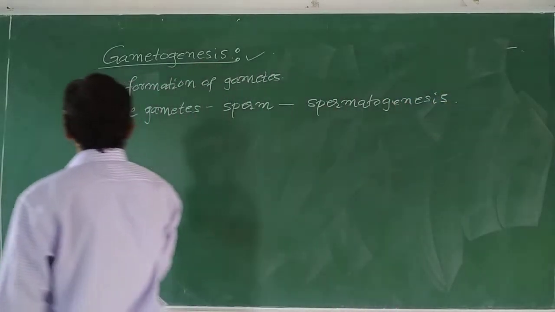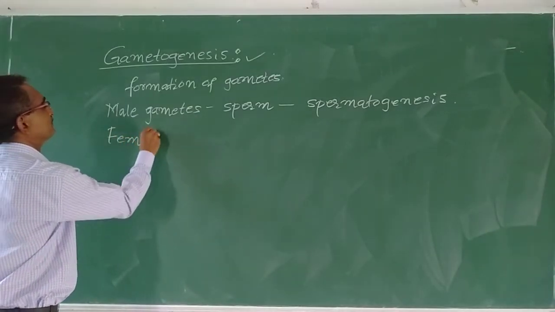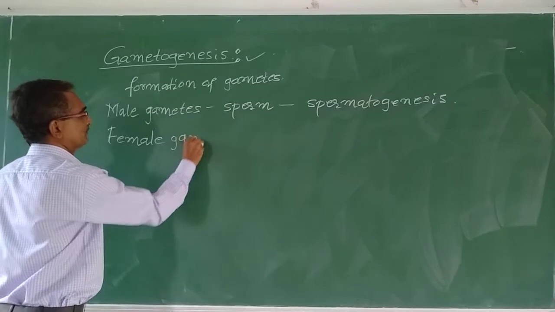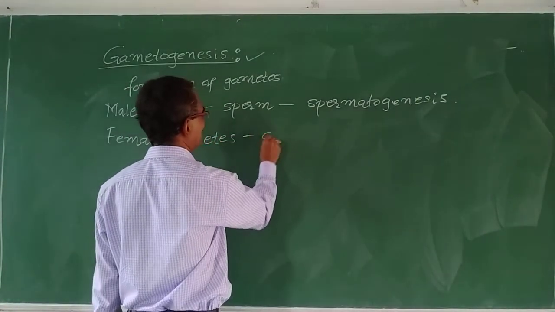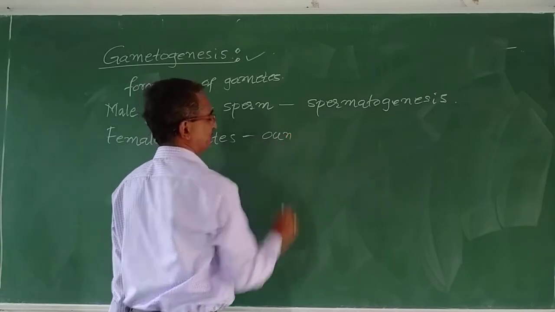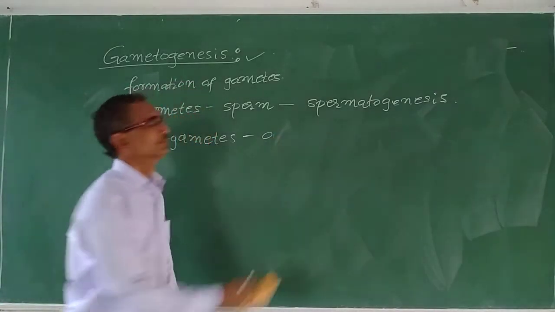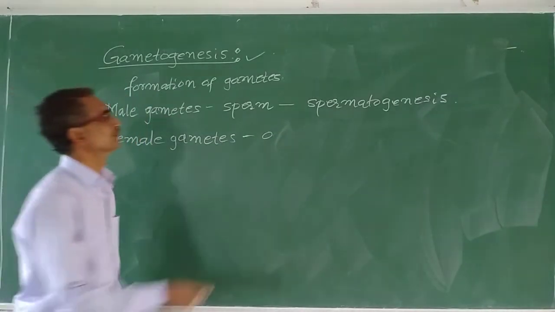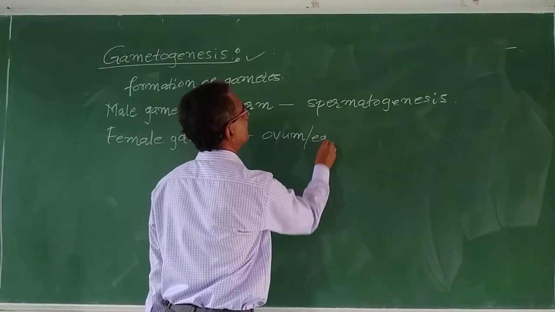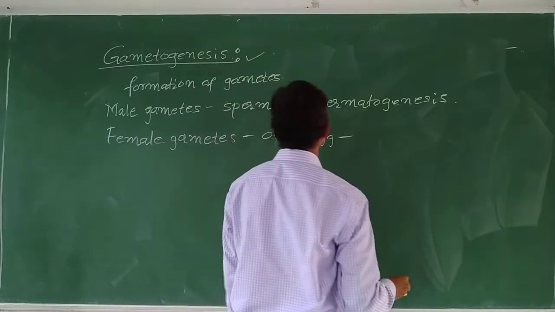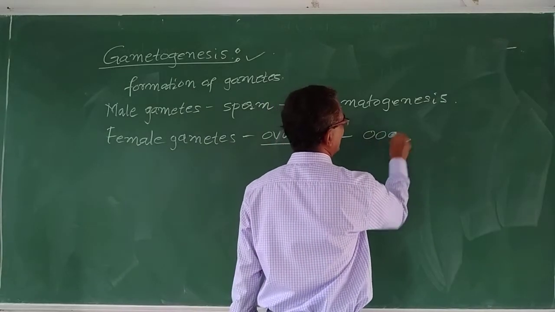Okay, and there is female gamete formation, and female gametes are called ovum or egg, and the process of formation of ovum is known as oogenesis.